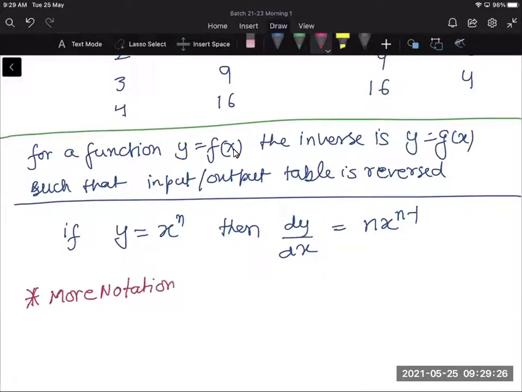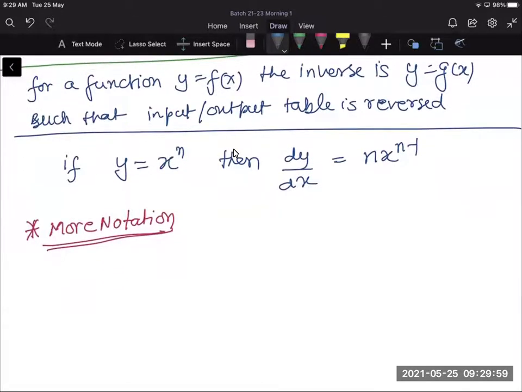Okay, and whenever I write more notation, you should become very attentive, very careful, because when I say more notation, I'm trying to teach you this new language, right? For us to have a future open line of communication where I'm saying something and you are understanding that, that language should be understood. Okay.